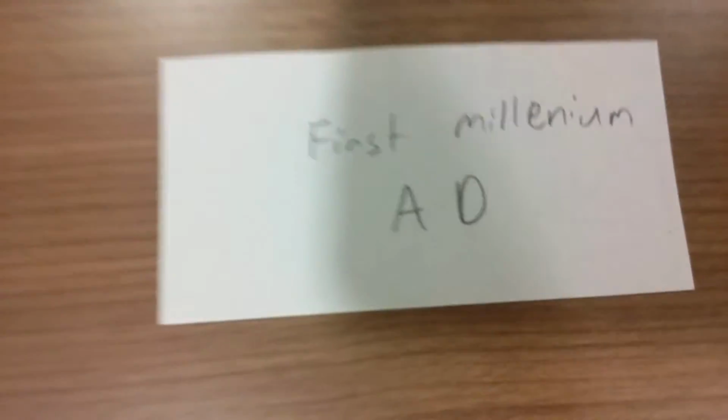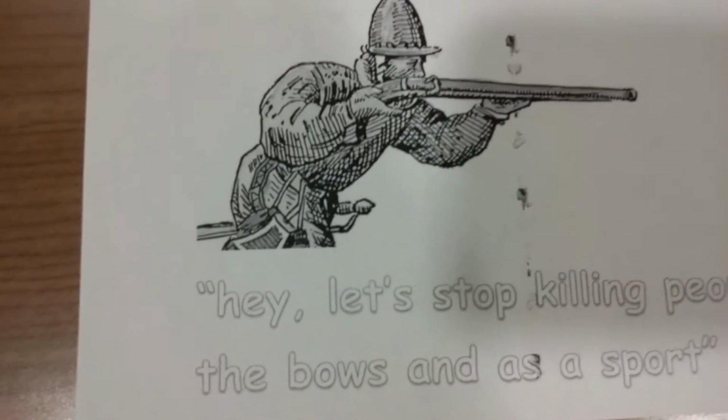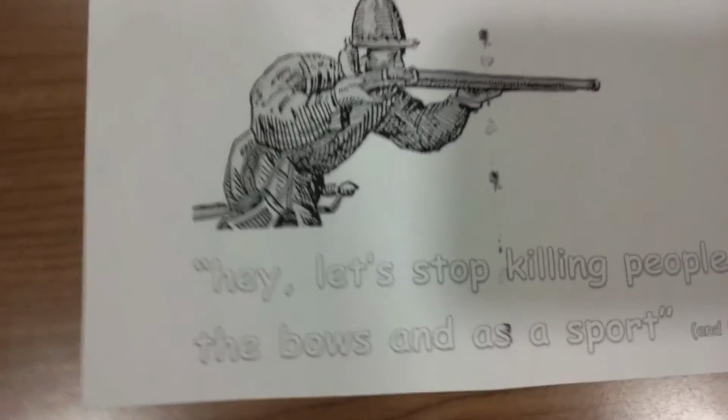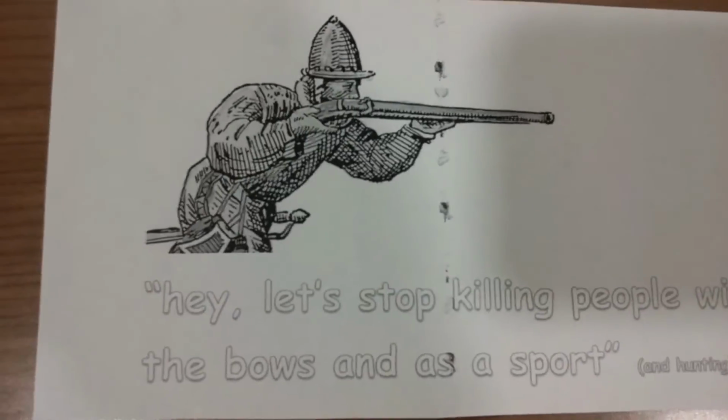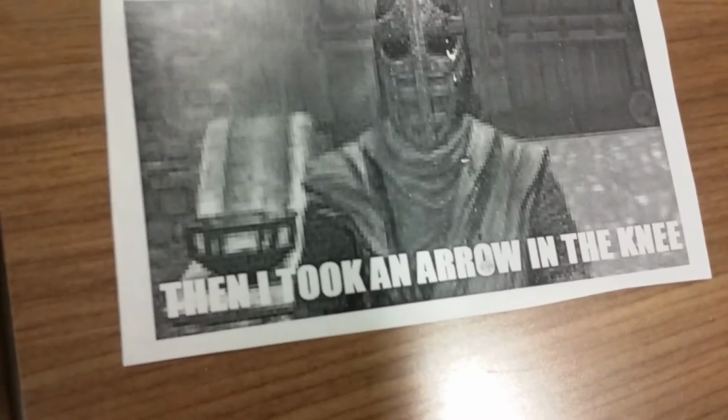Later, in the first millennium AD, the Europeans decided, "Hey, we can kill a lot of people with these in wars." By the 1500s, people started using boomsticks. So people decided, hey, let's stop killing people with the bows and just use them as a sport. Now, people aim at a wide variety of targets that are not humans, and the world is good and without war.